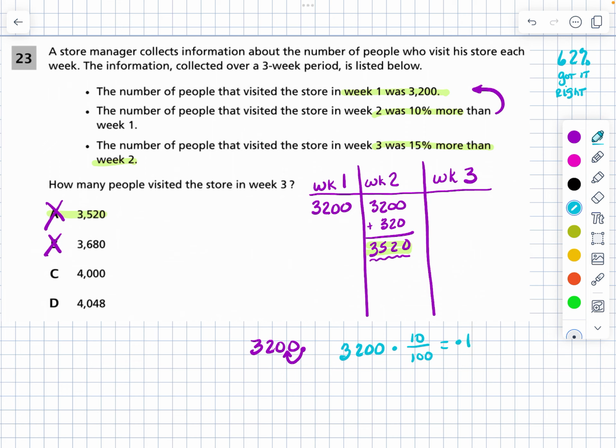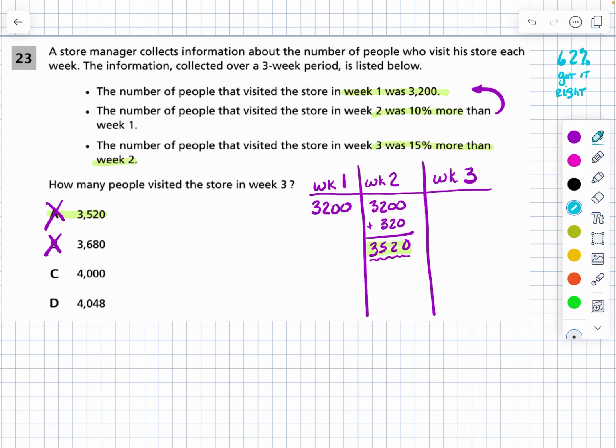So we can say 3,200 times 0.1. We'll do the multiplication sign. So basically it's 0, 0, 2, and 3. And then we can see we move the decimal over 1, and we get 320. So it's the same thing. I'm going to erase this just for the space.